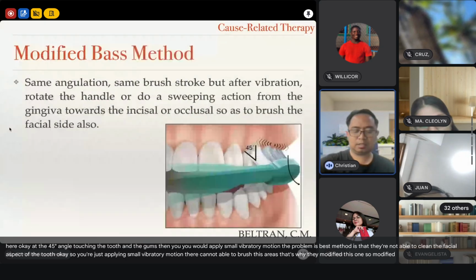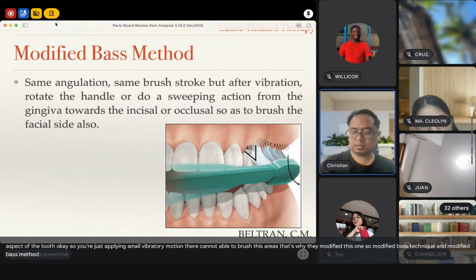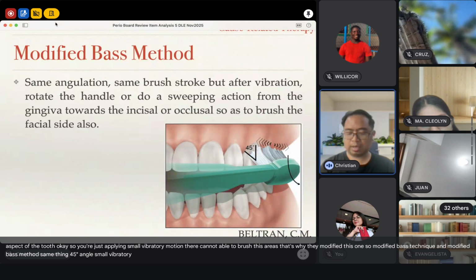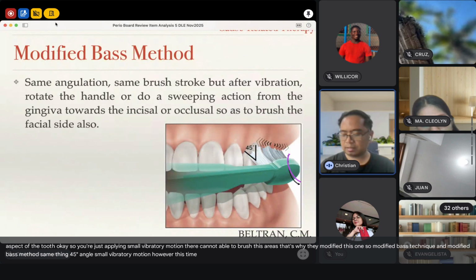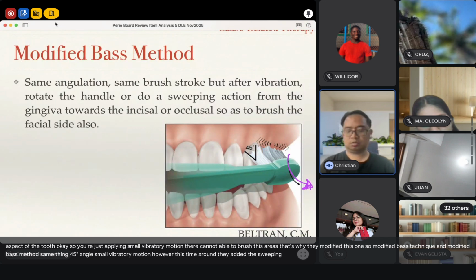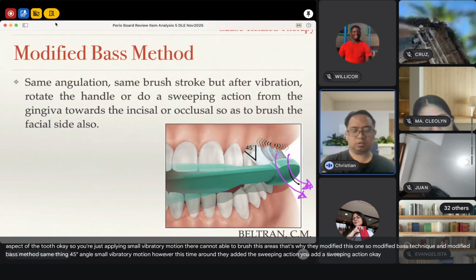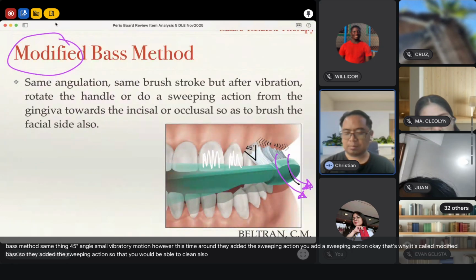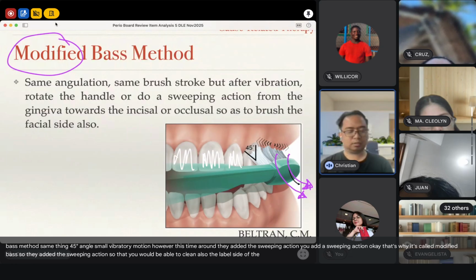So modified BAS technique or modified BAS method, same thing, 45-degree angle, small vibratory motion. However, this time around, they added the sweeping action. That's why it's called modified BAS. So they added the sweeping action so that you would be able to clean also the labial side of the teeth.